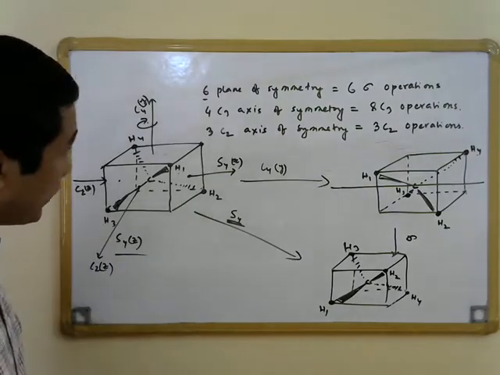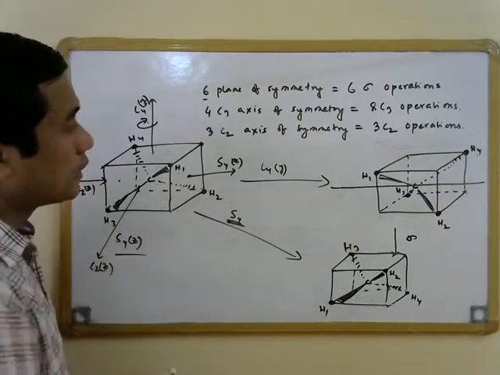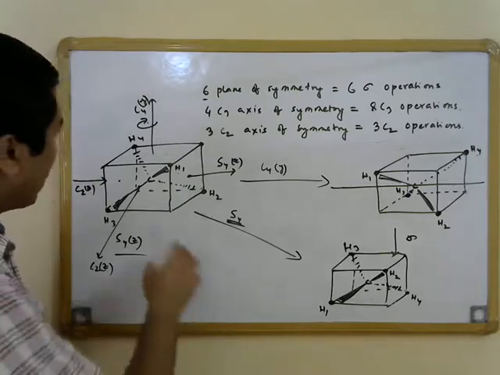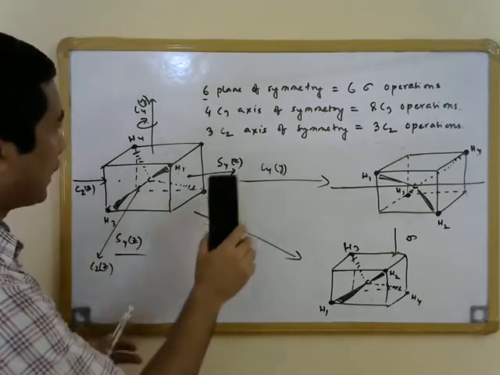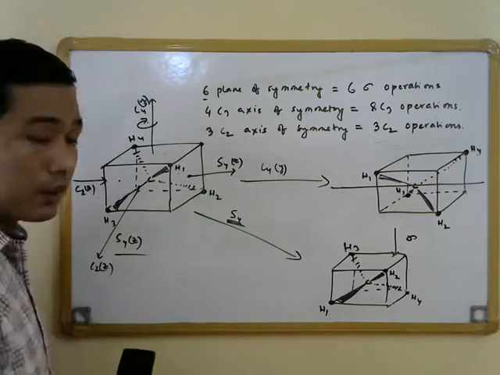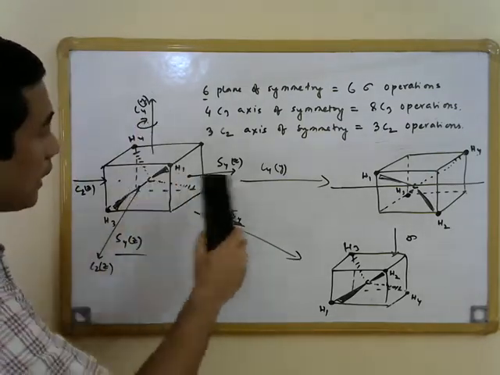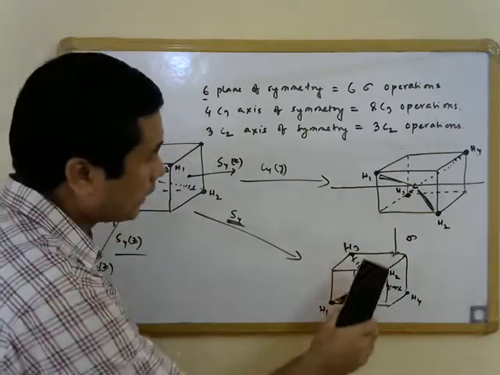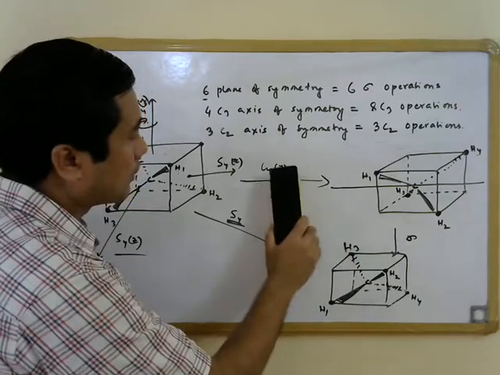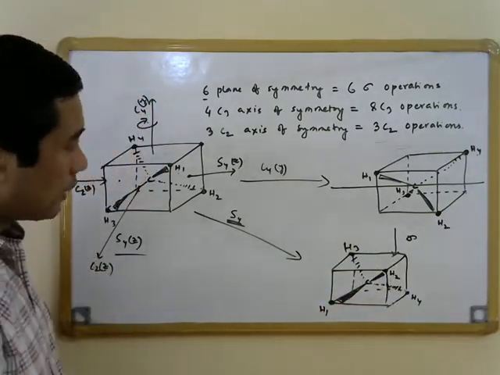What you should do is draw the configuration for each of these S4 axes of symmetry, both for S4x as well as for S4z, because what we have done is only for S4y: we have drawn the configuration that we obtained after doing the C4 as well as after doing the sigma.